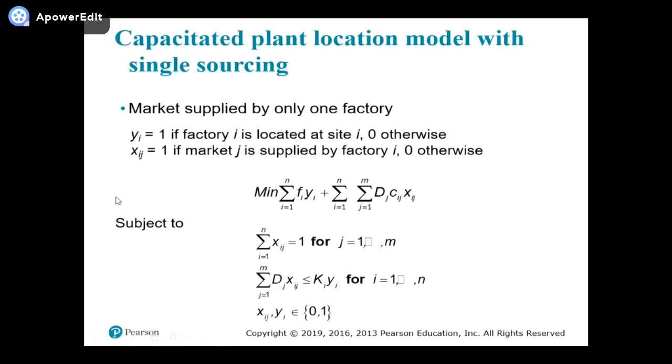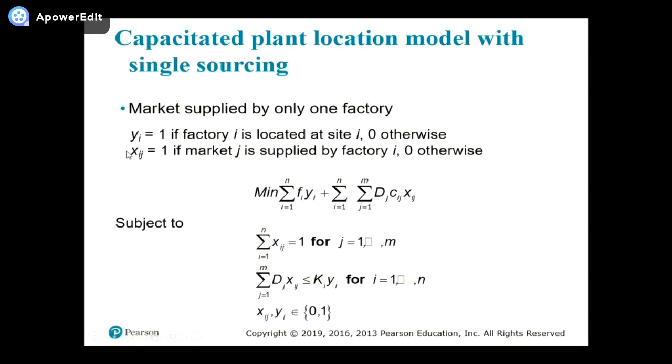In this model, we actually look at a special scenario under the single sourcing case. Single sourcing means that each market is only served by a single supply source, right? So say if market j is supplied by factory 1, then it cannot also be supplied by factory 2.